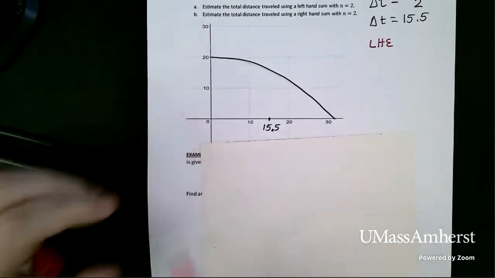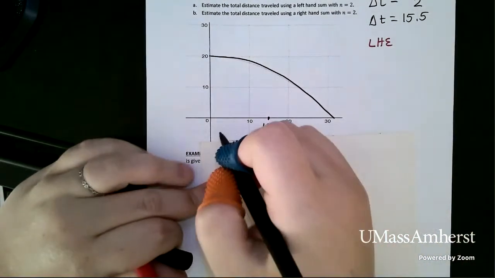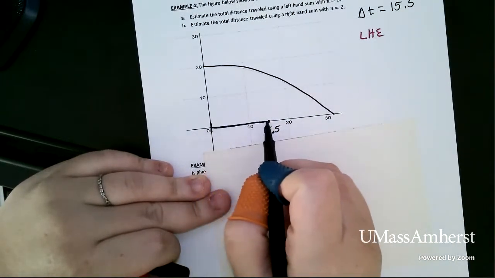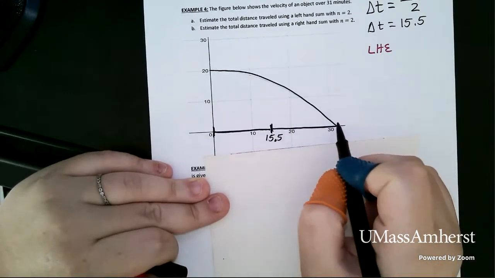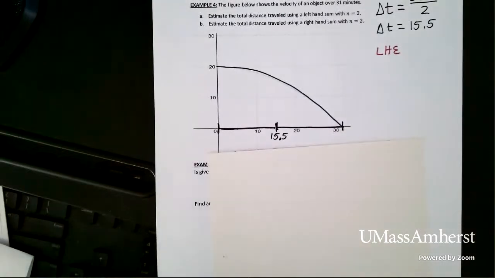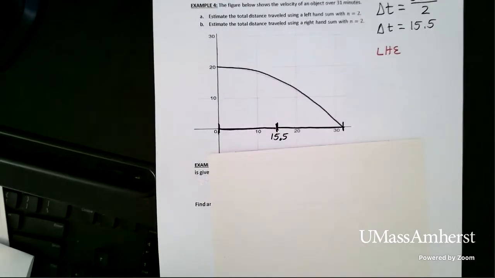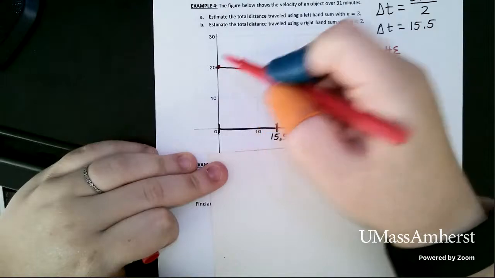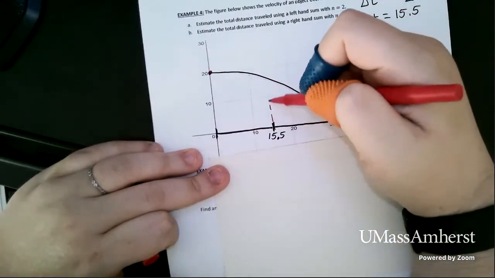So my two intervals are 0 to 15.5 and 15.5 to 31. I'm going to highlight these intervals that we are using to approximate. When I do a left-hand approximation, I think about the interval 0 to 15.5, and I use the left-hand value to become constant for that interval.